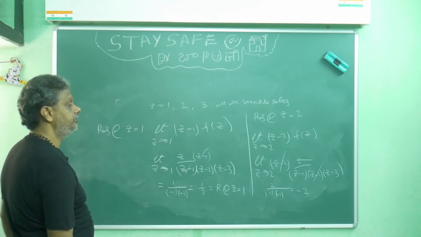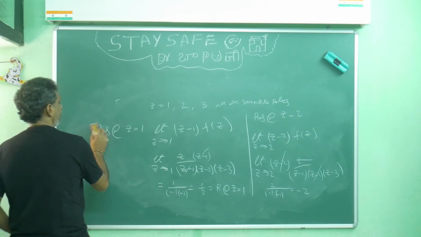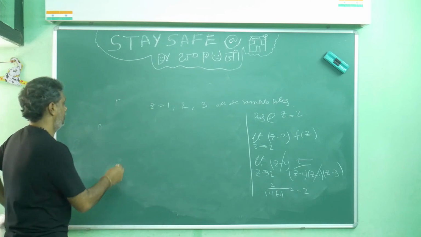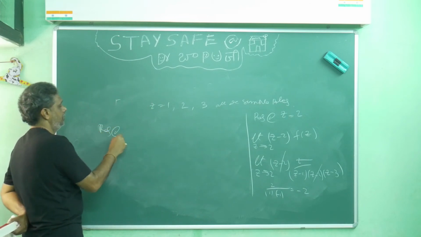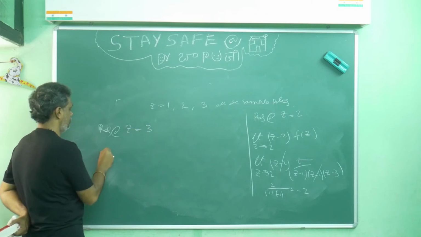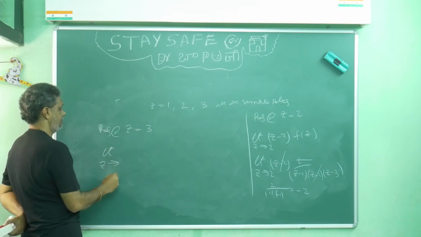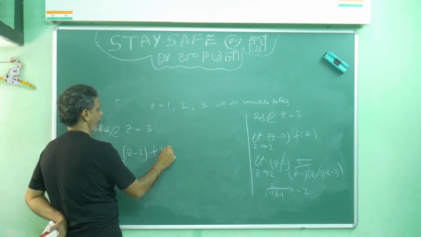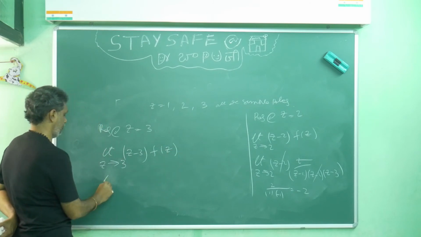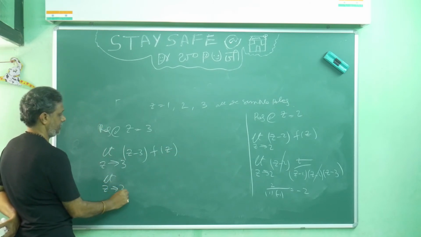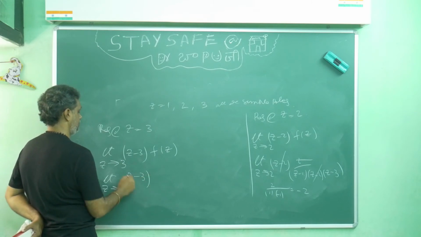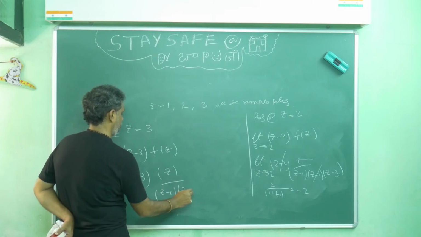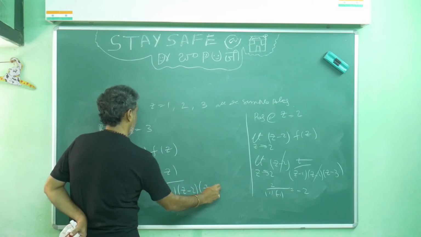Then what I want to find? The residue at z is equal to 3. This is how you will get: limit z tends to 3, (z minus 3) f of z, that is limit z tends to 3, (z minus 3) into z by (z minus 1)(z minus 2)(z minus 3).